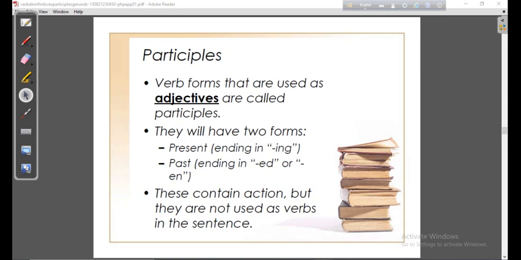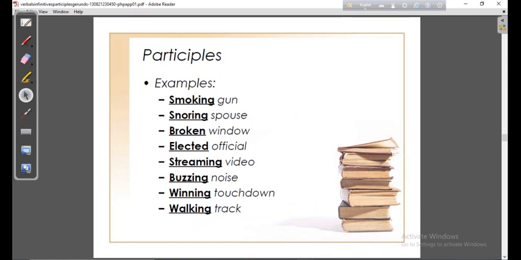Let us be clear with some examples. Smoking gun, snoring spouse. What type of spouse? Snoring spouse. Broken window. Here, dear students, look. Smoking: the verb smoke has taken ing and it has modified the noun gun.